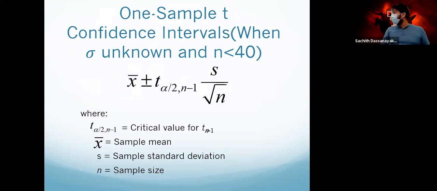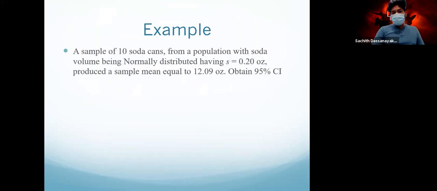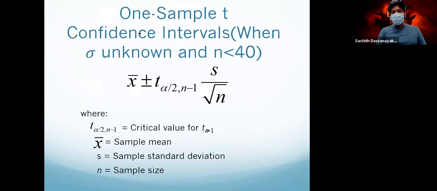I'll just do this and stop. Consider one sample t test, confidence interval. For a moment, just forget about the one sample. We have one sample test, two sample test, something like that.